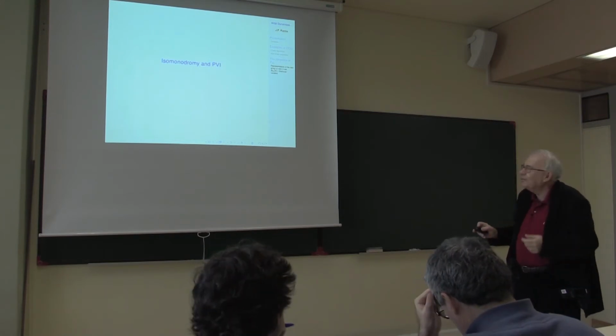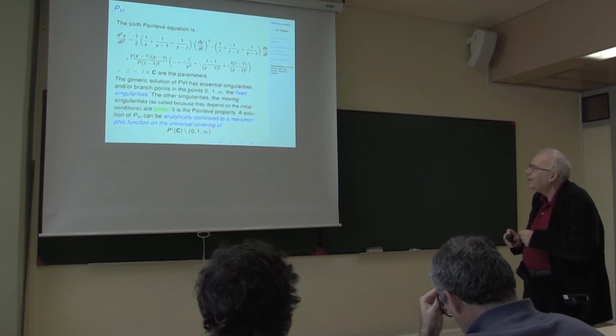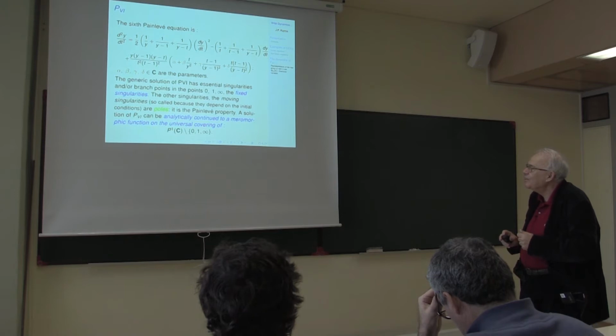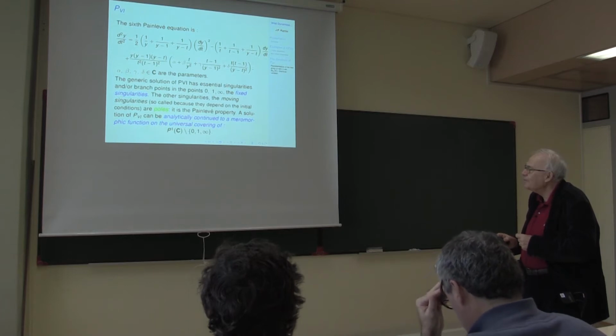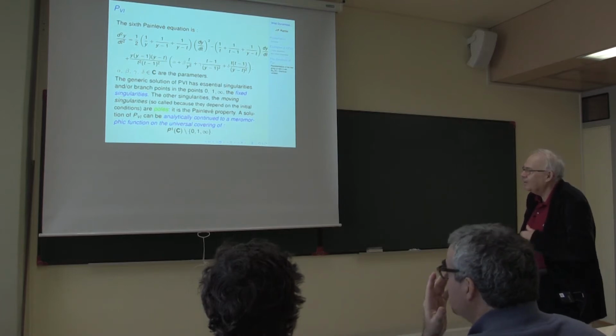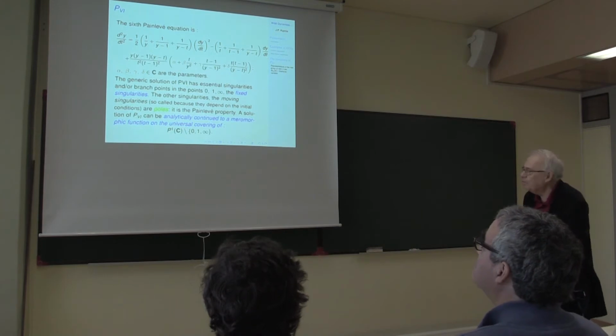So it's very important to understand P6. P6 is this somewhat awful nonlinear second order equation. The singular points 0, 1, infinity are the fixed singularities, and the other singularities are poles.